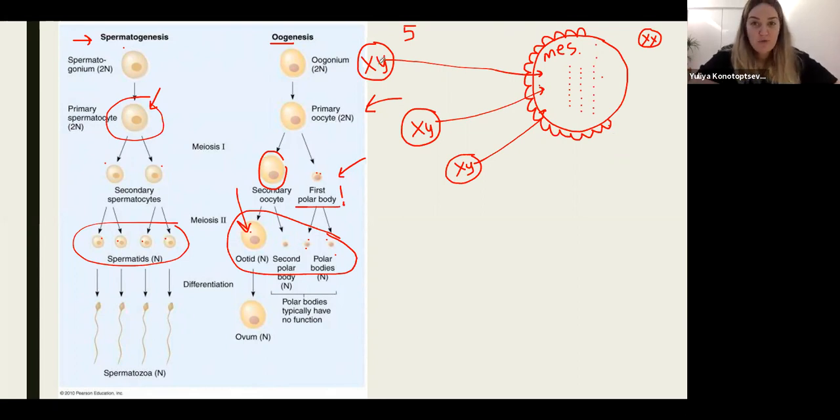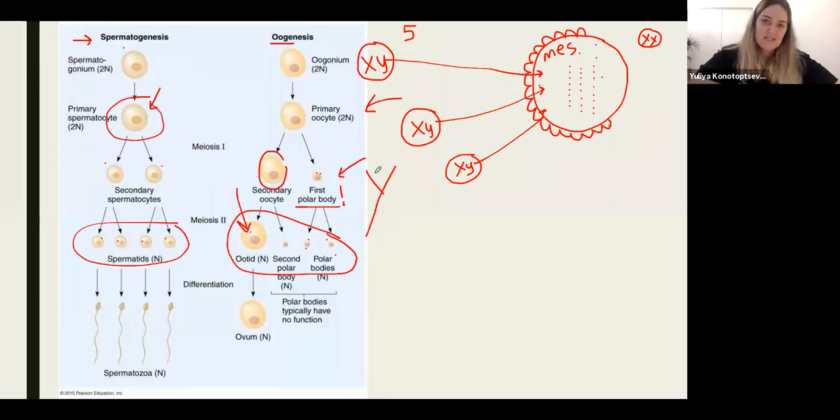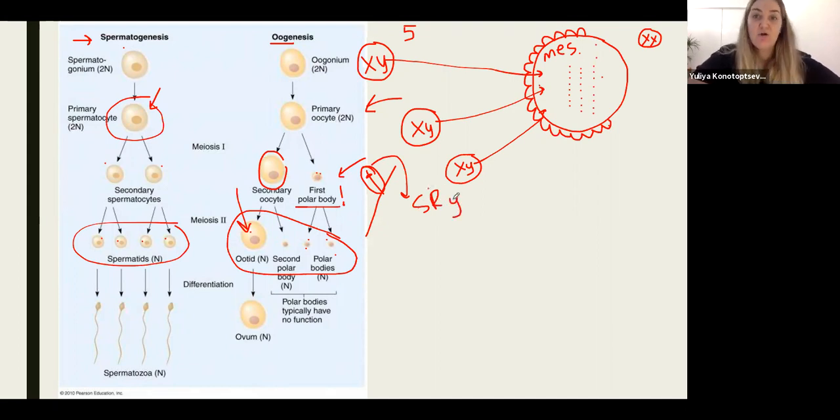On the Y chromosome, if you draw it, this is your Y chromosome. The short arm of the Y chromosome is very special. On the short arm of the Y chromosome, there is a gene right here. And this gene is called SRY gene, or in other words, sex determining region of the Y chromosome.